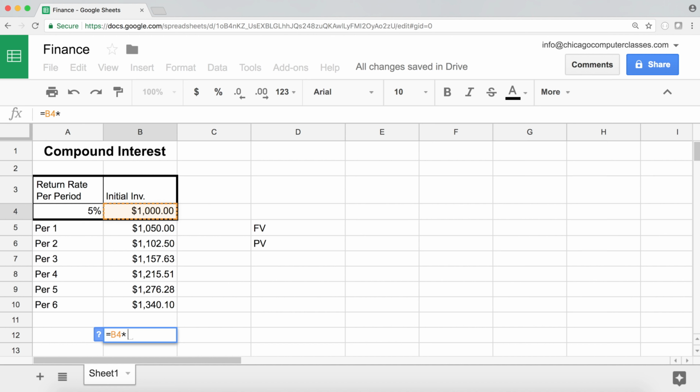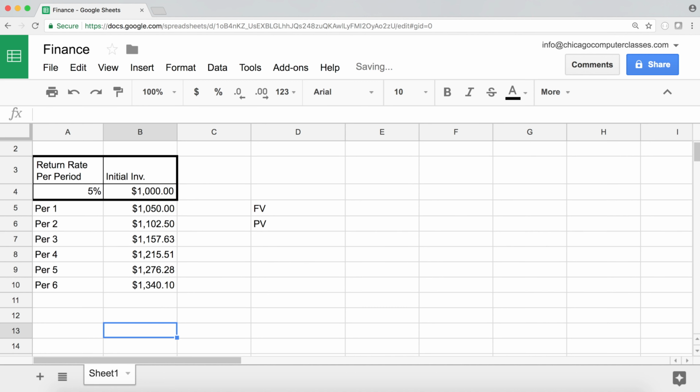Now I'm going to multiply that by our 1 plus that 5%, which is again 105%. And I have 1, 2, 3, 4, 5, 6 periods. So to do that, I can simply do to the power of 6, the 6th period right here.